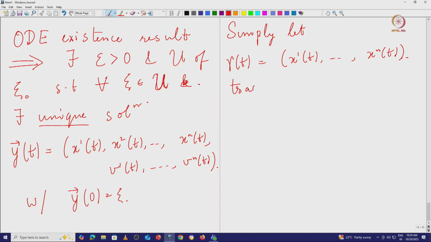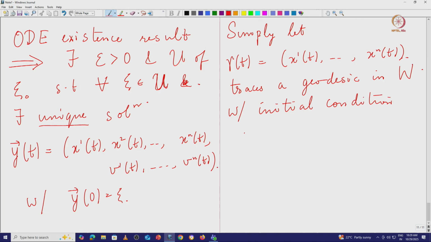So this basically traces a geodesic in your coordinate neighborhood W with initial condition gamma of 0 is q, gamma dot of 0 is v, where I am taking my xi to be a tangent vector at q, which is given by q comma v, okay.